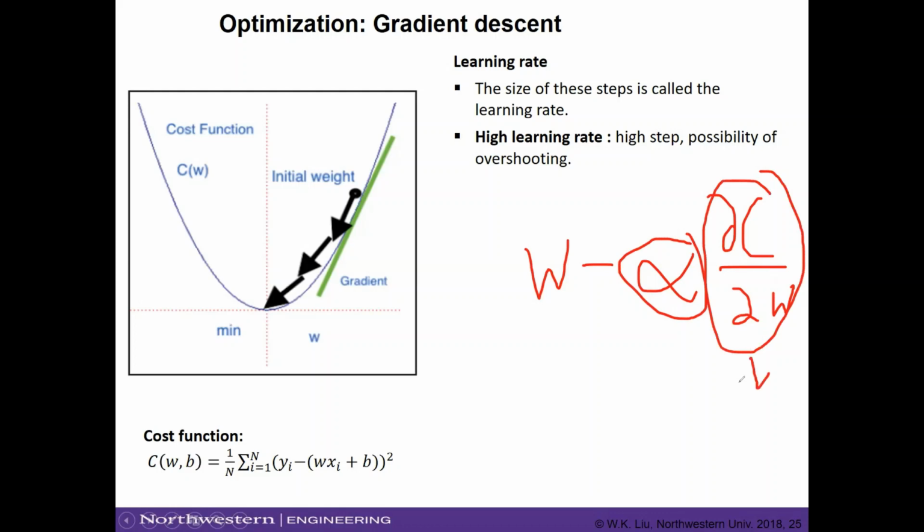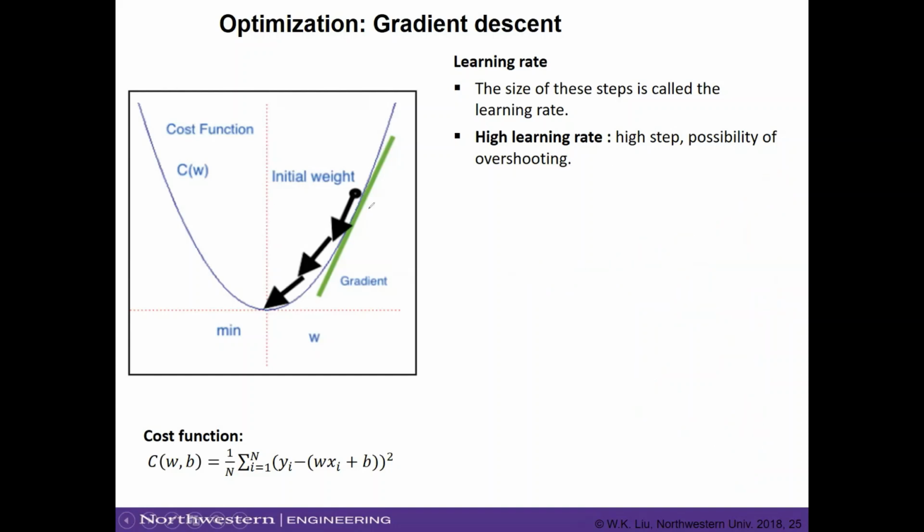If the gradient value is negative, the weight will increase, and if the gradient value is positive, the weight will decrease. This signifies in which direction we will go. The gradient will decide which direction the weight will go, and alpha will decide how big a step we take. If the value of alpha, or the learning rate as we call it, is too big, then the step is too big, and the value will overshoot.